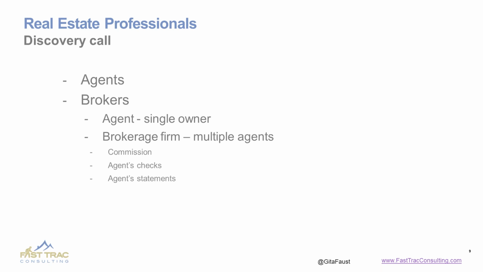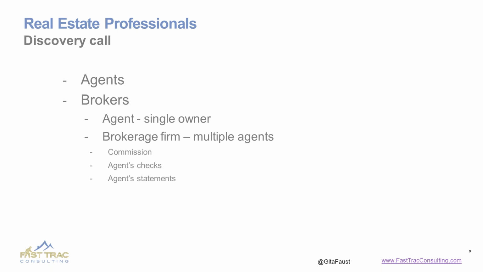But when it comes to a brokerage firm that manages multiple agents, who has multiple agents selling and buying properties and helping the property owners, they would have to calculate commissions, agents' checks, and agent statements. So you need to ask them a question again. Brokerage firms sometimes use third-party software to manage their agents and the properties.